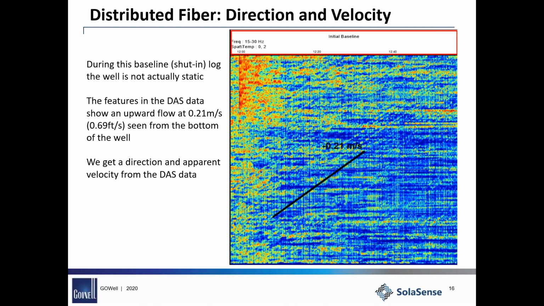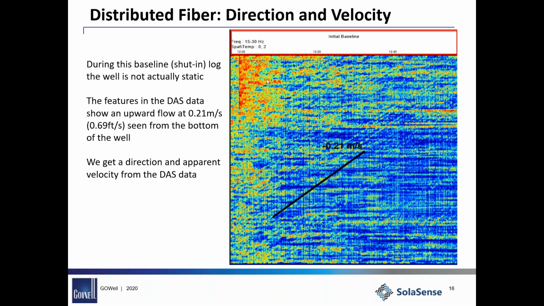Again, another example where we've got an initial baseline, and in this case, it's again not static. So direction and velocity. Here we're getting clear indications of upward movement of energy at about 0.2 meters per second, about 0.7 foot a second, from the bottom of the well, from below the survey interval, right the way up over the length of this survey interval.